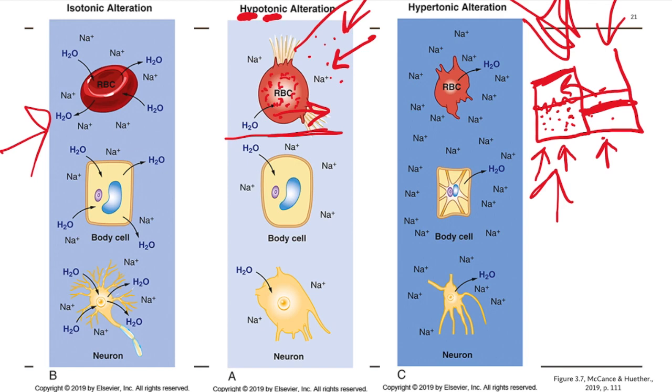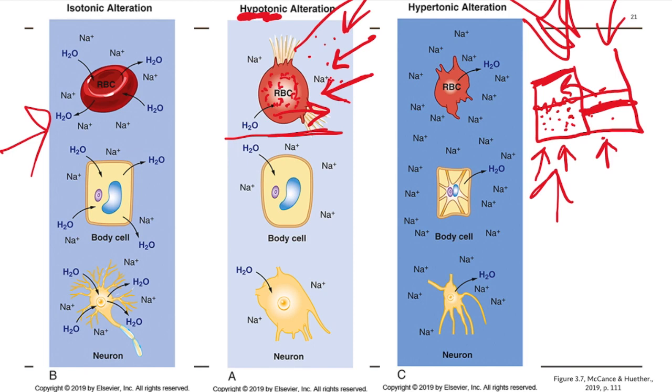And so that's why, when we give a hypotonic solution, or when any area is hypotonic, for example your extracellular space, it creates a gradient, meaning there's a difference between the tonicity or osmolality of the different spaces.